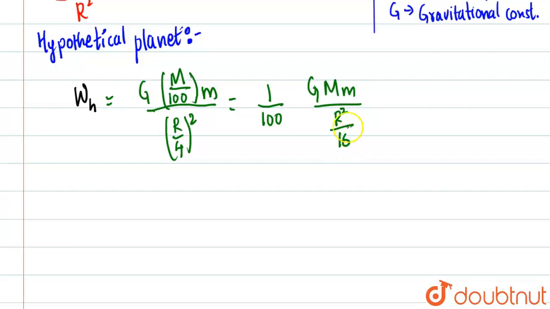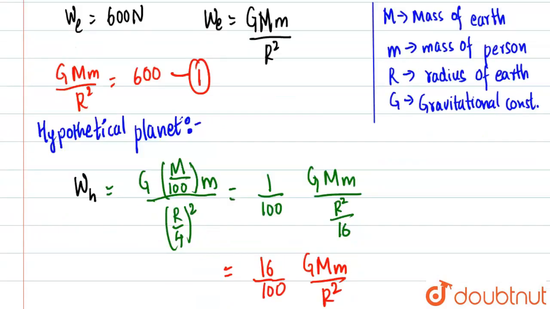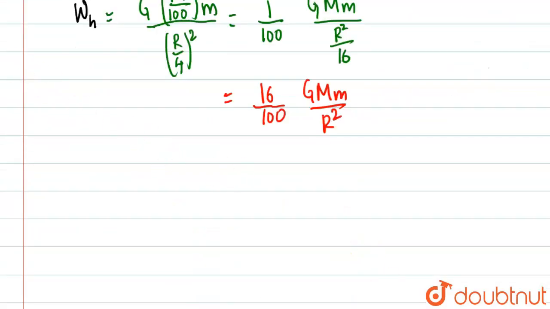The 16 is in the denominator of the denominator, so it will come to the numerator. So we get 16 by 100 into G M m by R square. Now we put the value from equation number 1 for G M m by R square, which was 600.